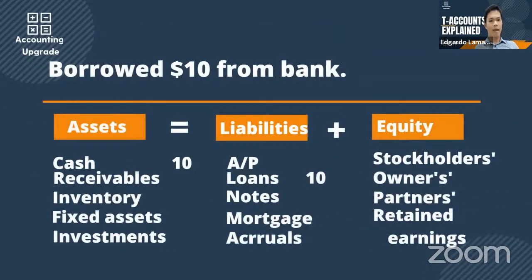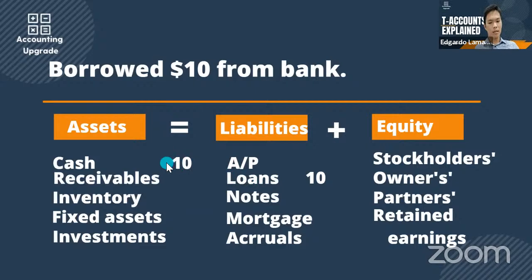Sample 1. A company borrowed $10 from a bank. What are the affected elements of financial position? By the way, the elements of financial position are assets, liabilities, and equity. Remember that, guys. That is very helpful when you have your board exam. When you borrow $10 from a bank, the accounts that are affected are cash and loans payable.